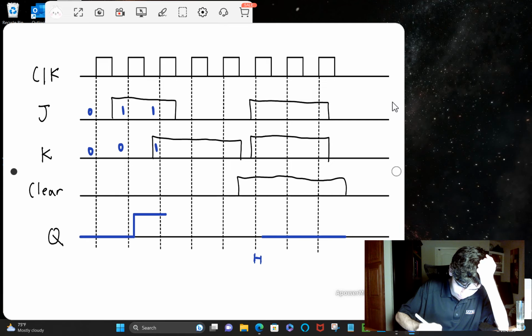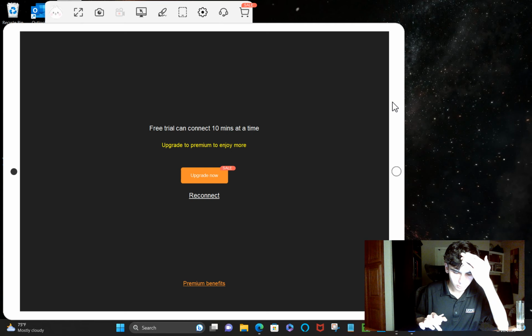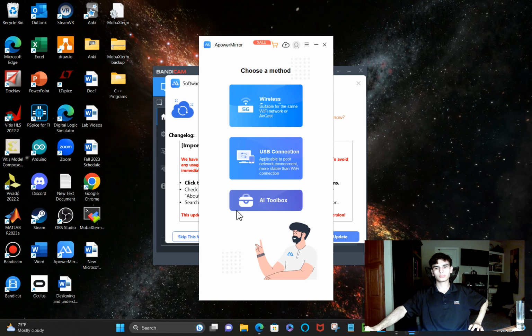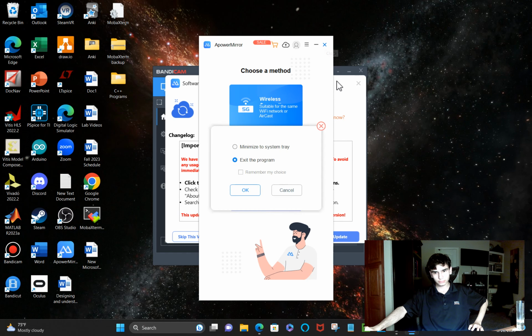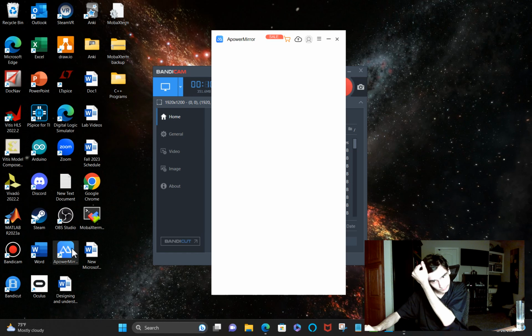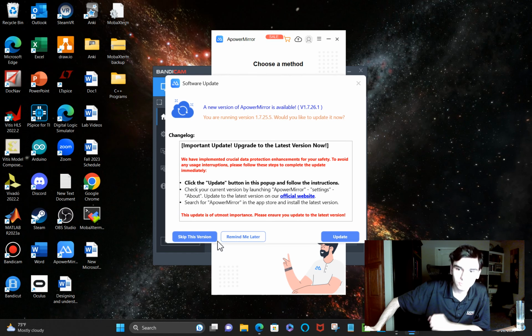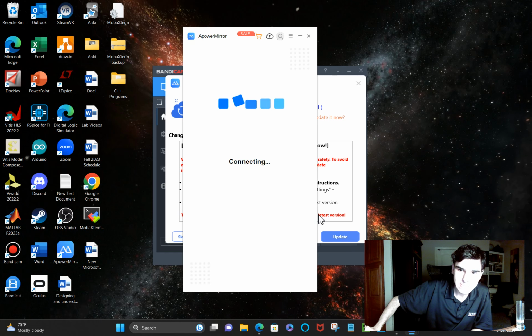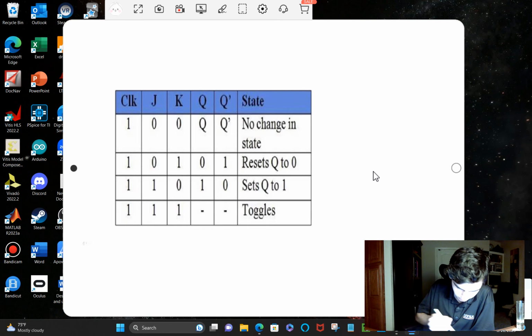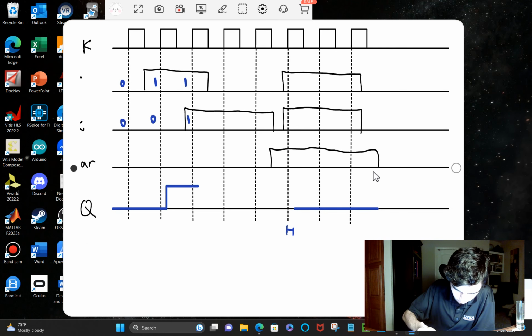And then the next one's 1, 1. Okay. So when they're both 1, it toggles. So it's going to go to 0.